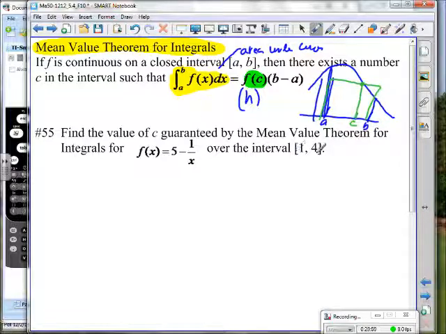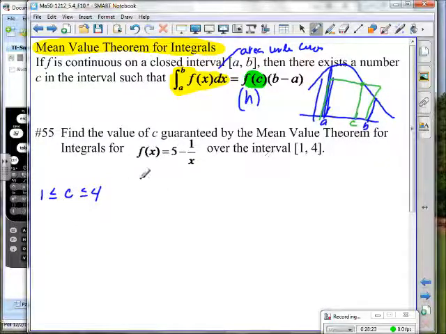Find some value. C is going to have a value between what and what? 1 and 4. So what we know is that we've got 1 is less than or equal to C, less than or equal to 4. I don't know where C is. Don't have a clue.